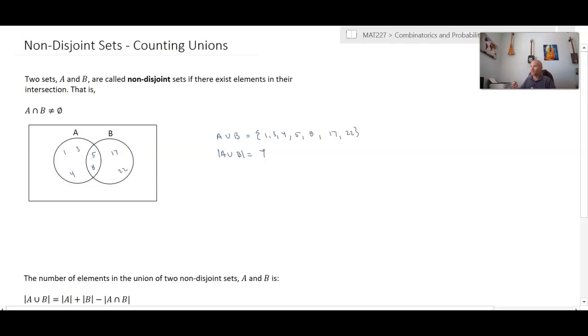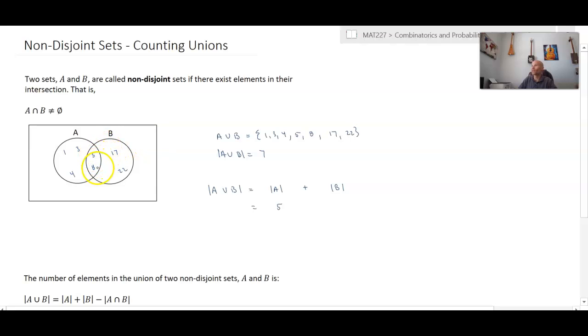Well, if we used the property of non-disjoint sets and said, let's just add them together, we'd come up with a problem; we'd come up too large. If we add the number of elements in A to the number of elements in B: A by itself contains 1, 2, 3, 4, 5 elements.